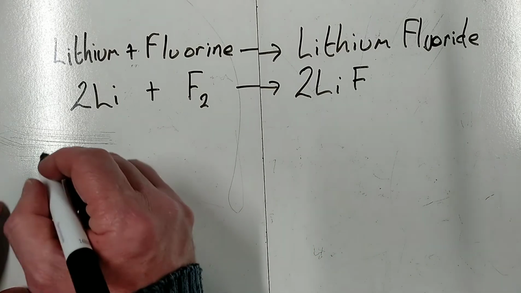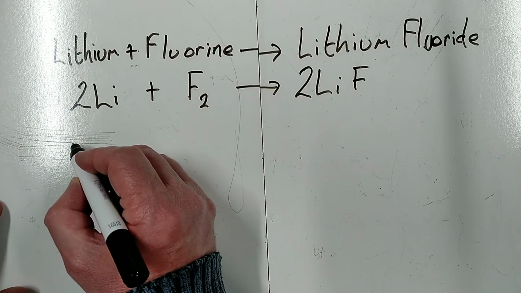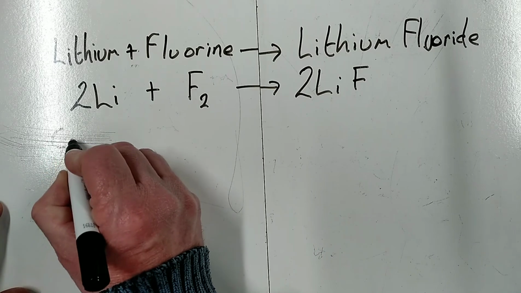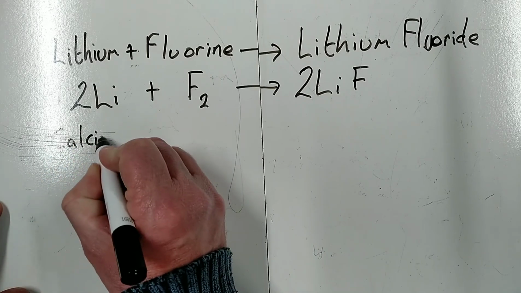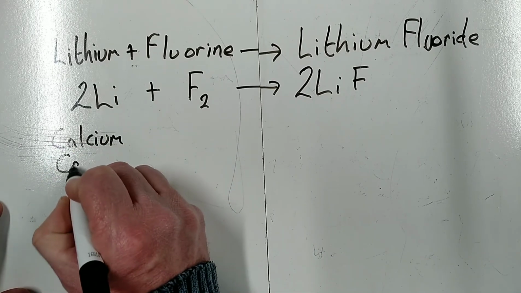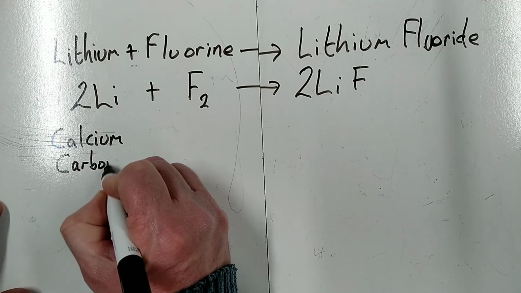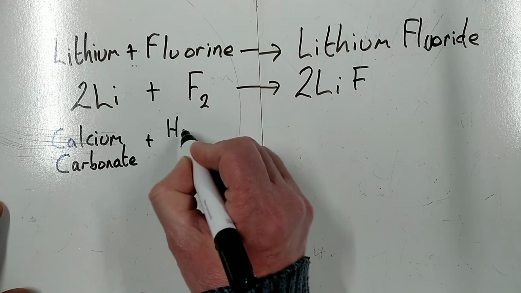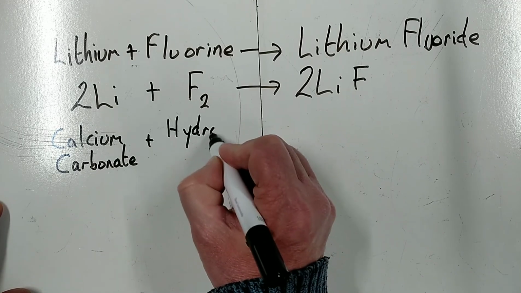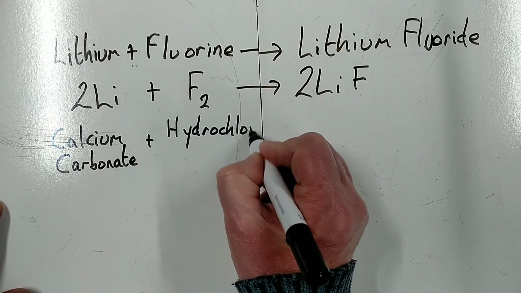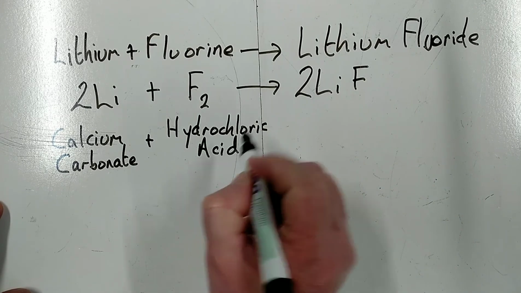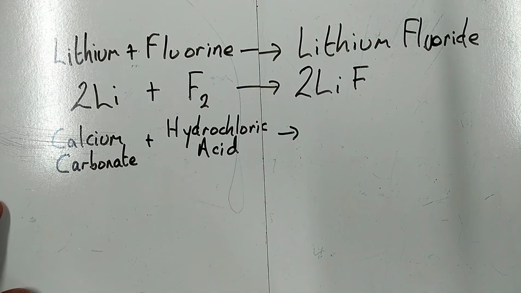So to do something a little more complicated then, we could have something like calcium carbonate reacting with hydrochloric acid, which will give us 3 things.